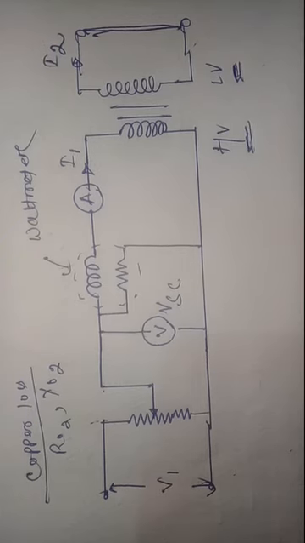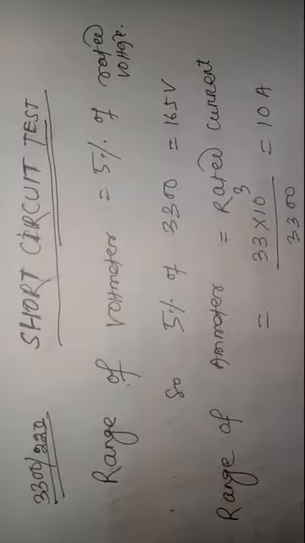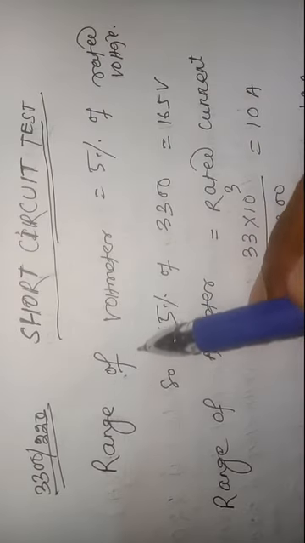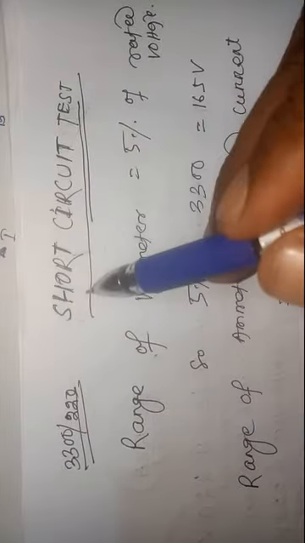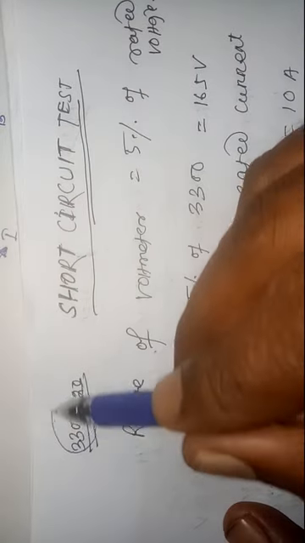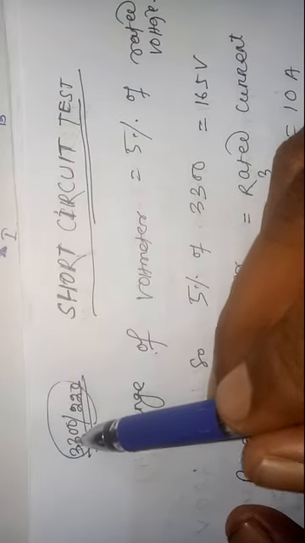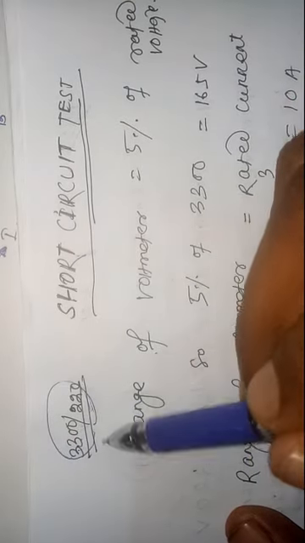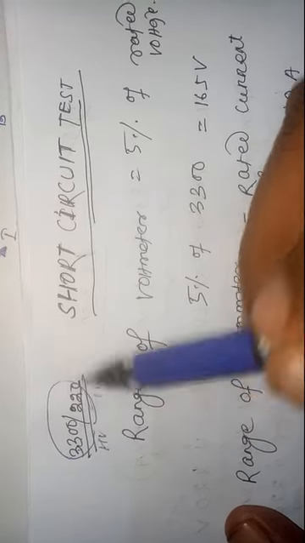If you conduct this test on the LV side, what will be the problem here? Look at this. Considering the same transformer as in the open circuit test, the voltage is 3300 by 220, HV and this one is LV side.